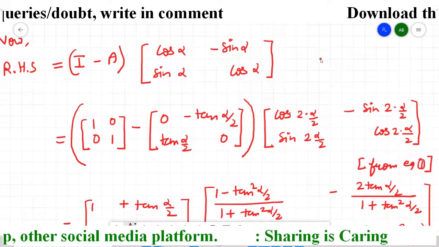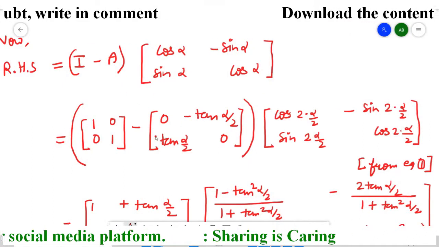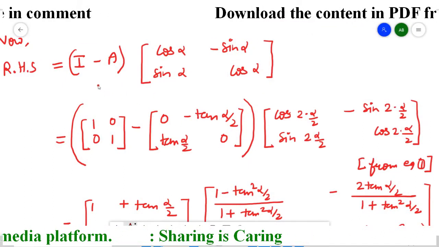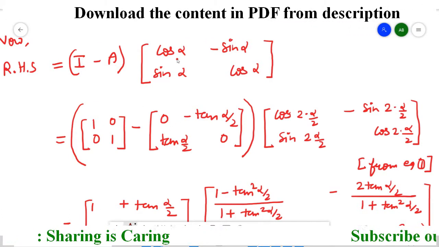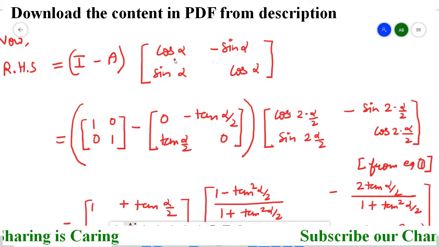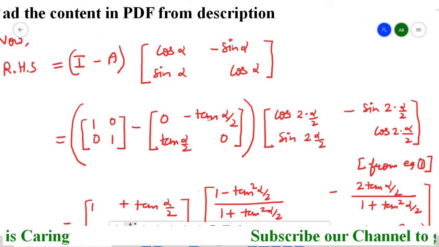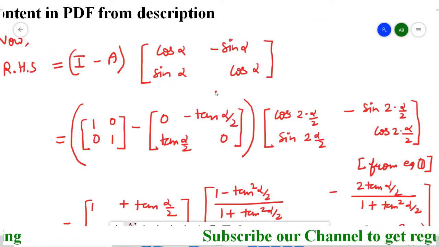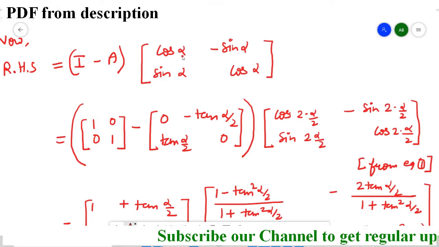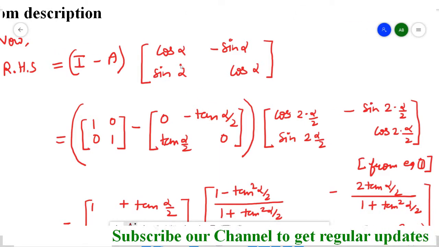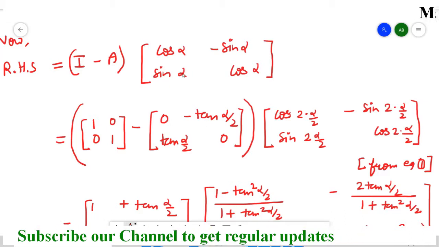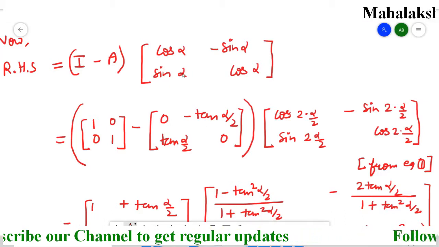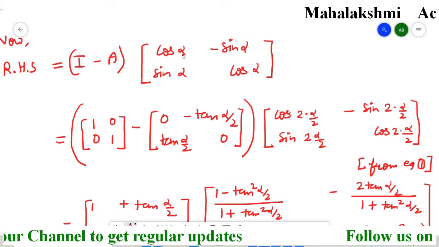Now in this step, the change I made is that I wrote I as it is and A as it is. Now you just see, one very basic concept is there. Here you have angles alpha by 2, but here the angle is alpha. If we directly multiply these matrices, students, it's going to be very complicated. We will not get any result because the angles are different.